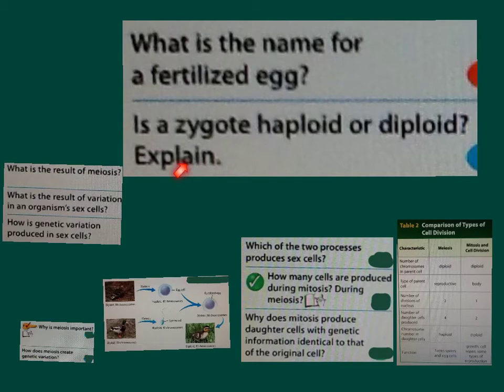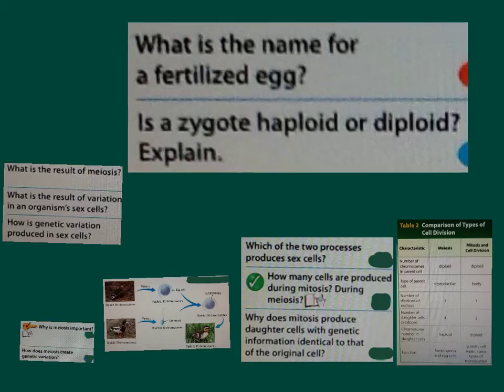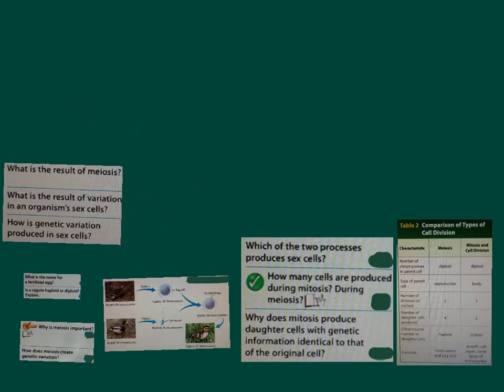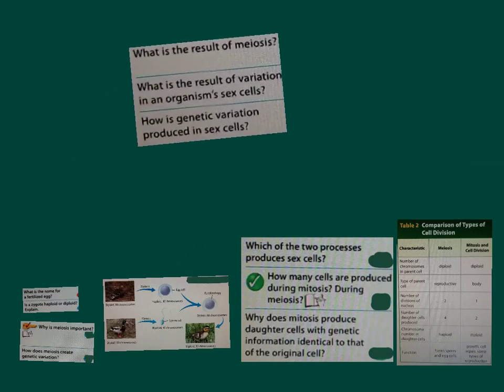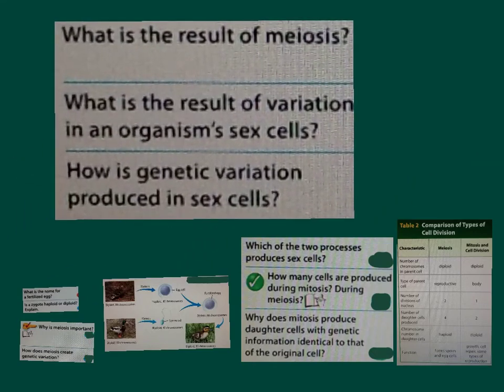Creating haploid cells. The result of meiosis is haploid sex cells. This helps maintain the correct number of chromosomes in each generation of offspring. Haploid cell formation is important because it allows for genetic variation through a process called crossing over. During this process, chromosomal segments are exchanged between a pair of homologous chromosomes.